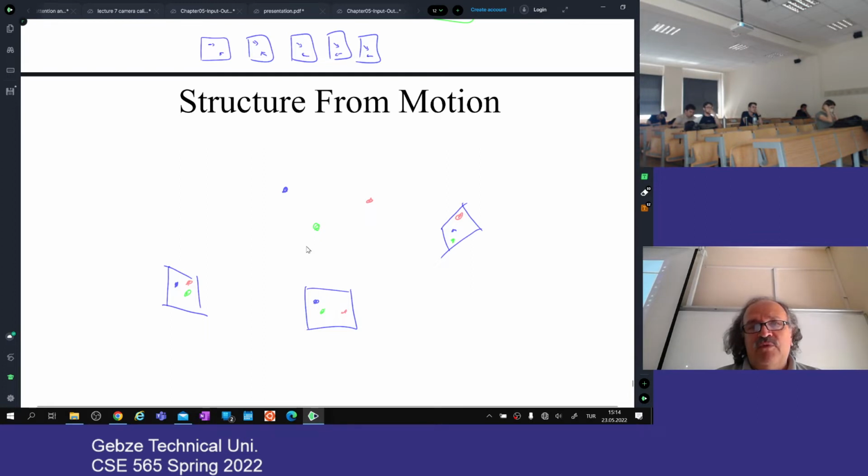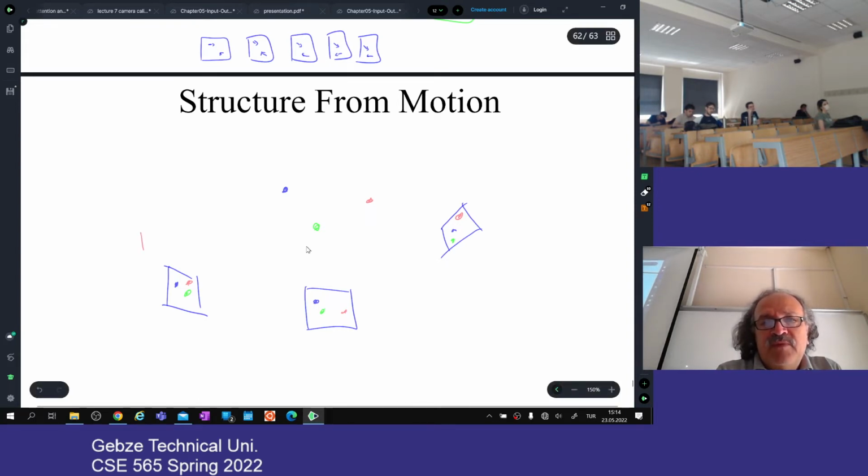The camera is moving. When the camera moves, what changes? I know that my intrinsic parameters are not changing. What is changing? Remember K times [R|T].